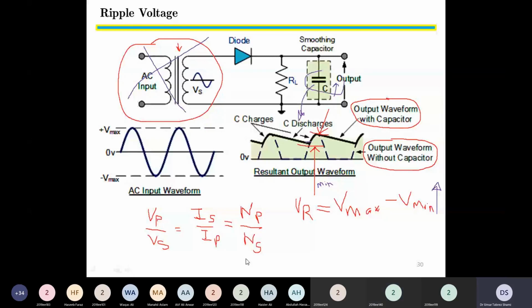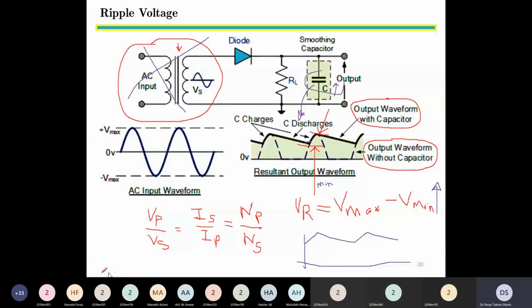Sir, what type of waveform do we observe when we increase the capacitance of a capacitor? The waveform for a medium capacitor will look like this.